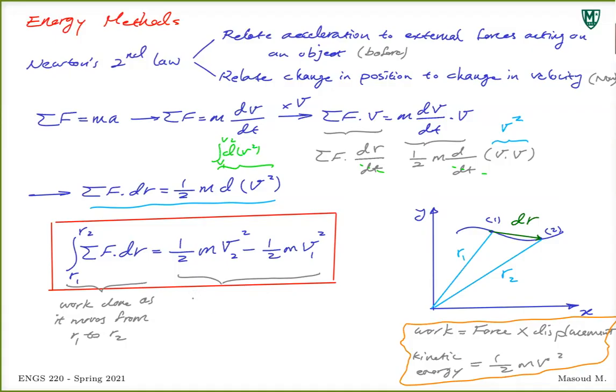The right side gives you change in kinetic energy, right? Whatever is the kinetic energy of the particle at point 2 minus whatever is the kinetic energy of the particle at point 1. So this is change in kinetic energy.